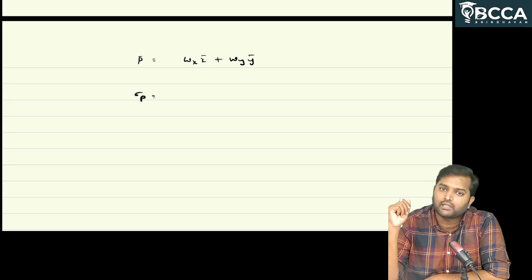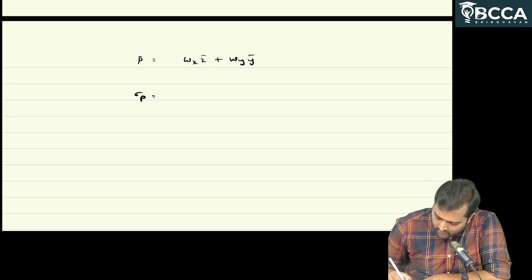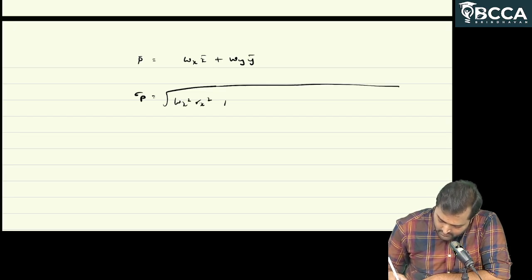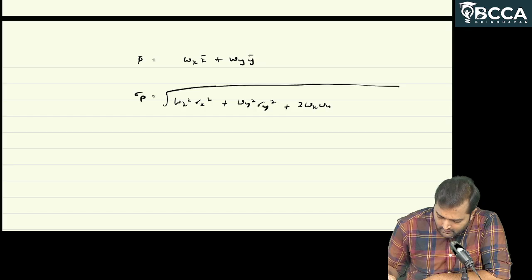That is the correlation coefficient. So sigma p is equal to the square root of wx square sigma x square plus wy square sigma y square plus 2 wx wy sigma x sigma y sigma xy.